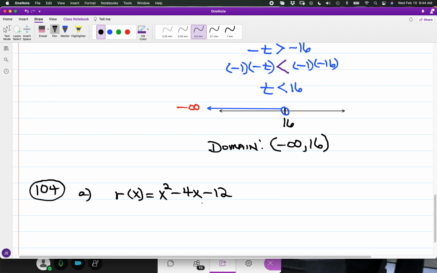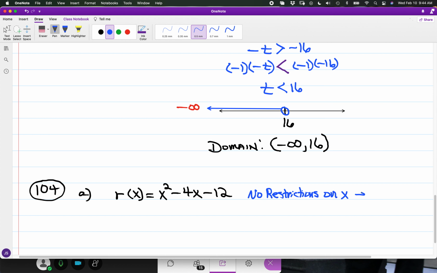So if we plug in anything for x from the real number system, you're going to have a defined value for r. So for this particular function, we have no restrictions on x.